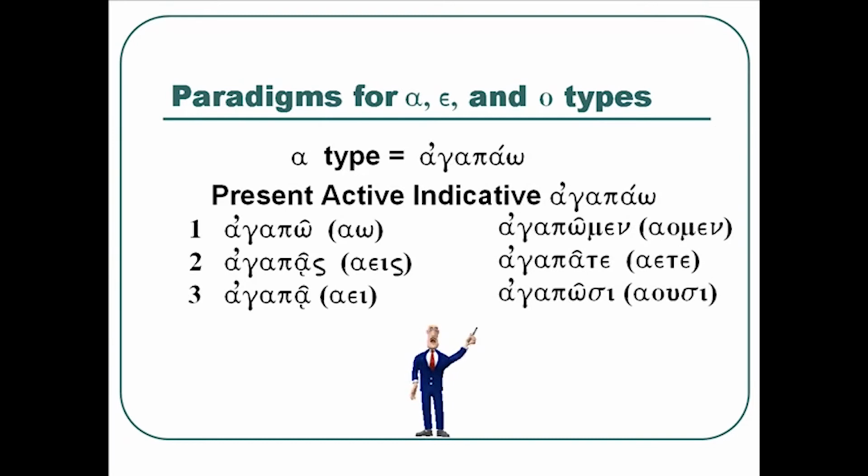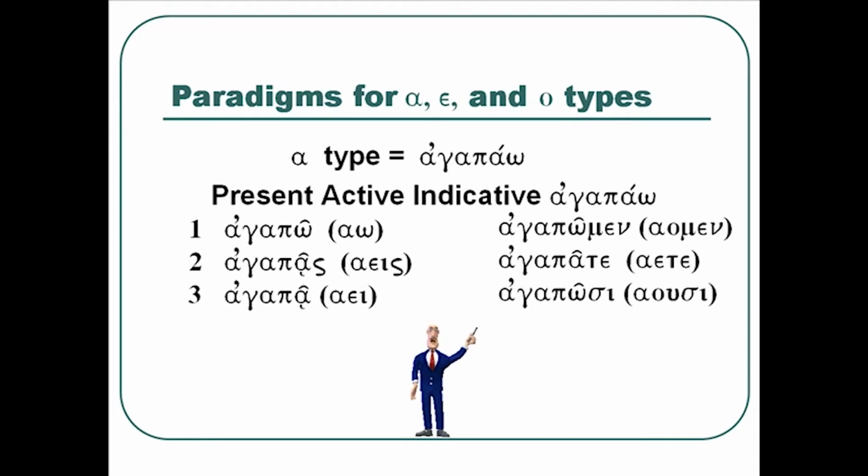The first person plural, agapomen. You've got alpha plus the omicron, O overcomes and goes long. Second person plural, you love, agapate, the alpha plus the epsilon, contracting, the alpha taking over, going long, agapate.